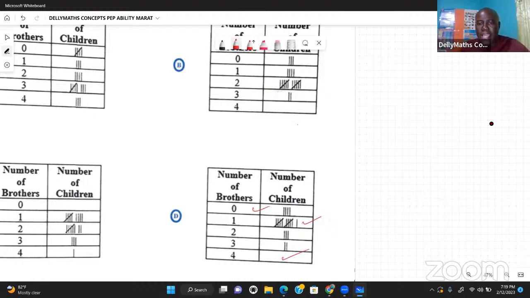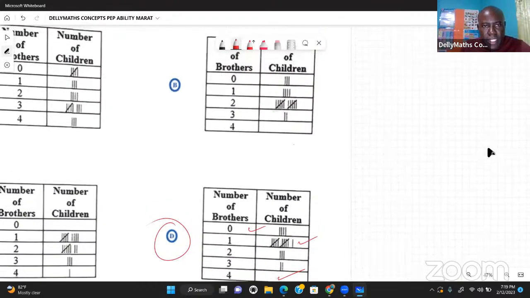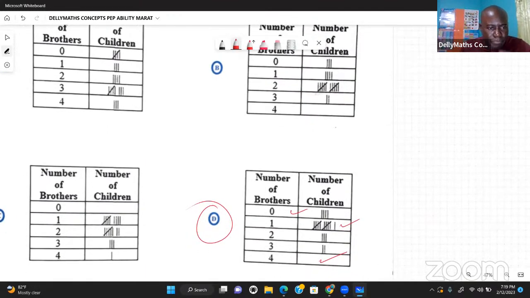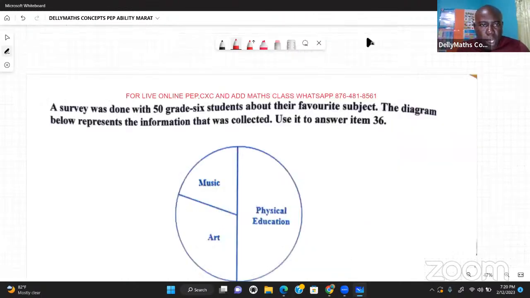So basically, the clues that we got, everything is answered at D. We pick D and you move, right? C is not it. C cannot be it because C had 1 at 4. Incorrect. Incorrect. The answer is D. All right. So we have to be looking out. Let's jump at this one now.